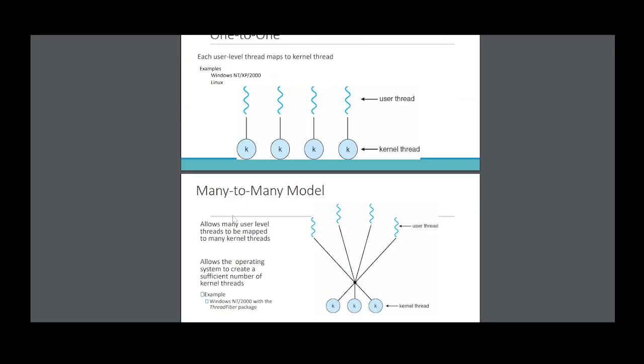In the many-to-many model, it overcomes the problems of one-to-one and many-to-one. So basically, several user threads are going to several kernel threads. The difference from one-to-one is that one kernel thread is not dedicated to one user thread. Several user threads are taken care of by several kernel threads. And it doesn't block, and it doesn't have a limit on user threads.